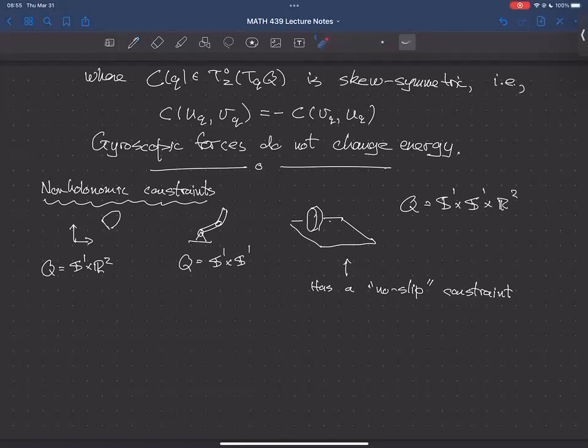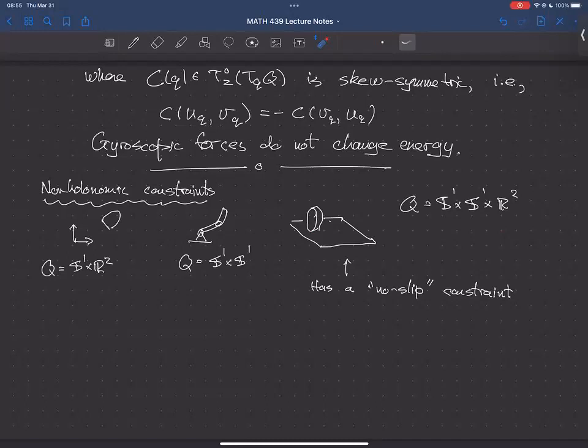The idea was we had a spin angle, a roll angle, and then the position of the point of contact in the XY plane.